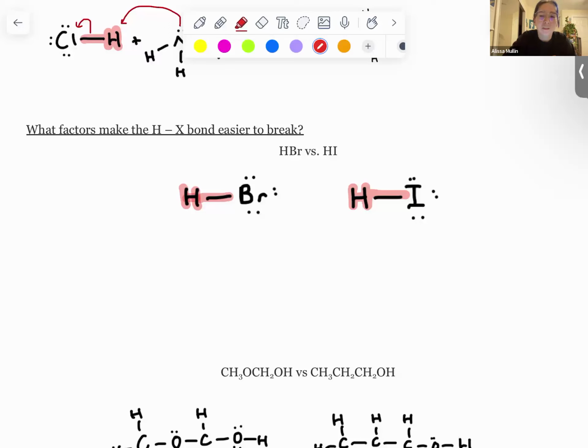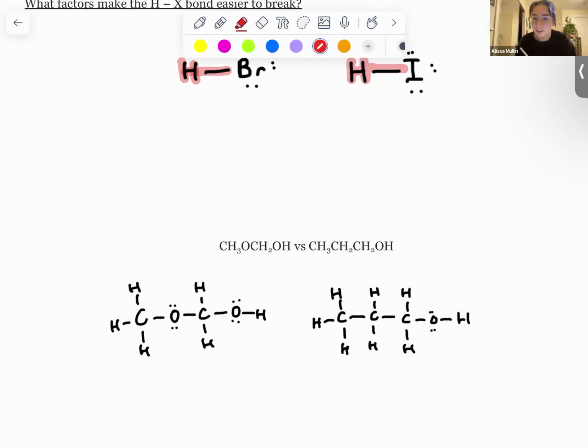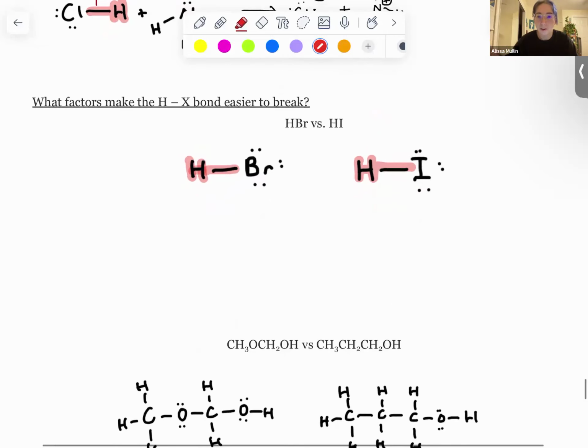Hopefully it will be obvious from the structure, especially as you keep doing this. It will usually be attached to an O, or it'll be the obvious hydrogen in the front of the formula. They should be clear to recognize, especially for this class.